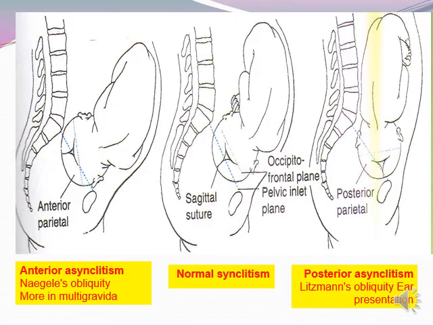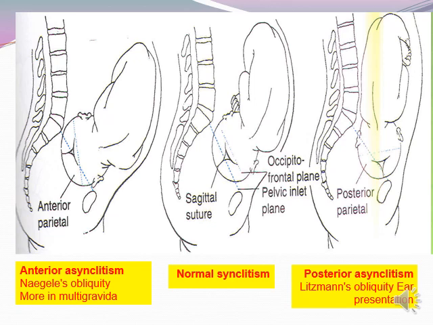In normal synclitism, the sagittal suture lies midway between the promontory and the symphysis pubis, but the sagittal suture might deviate anteriorly or posteriorly. So we have two types of asynclitism: anterior parietal bone presentation, in which the lowermost dependent part of the head is the anterior parietal bone, so the sagittal suture is directed a little toward the promontory.